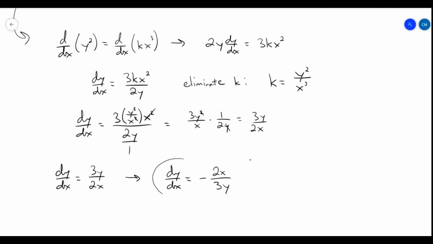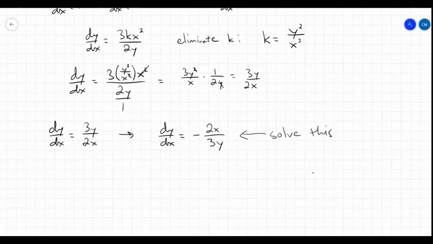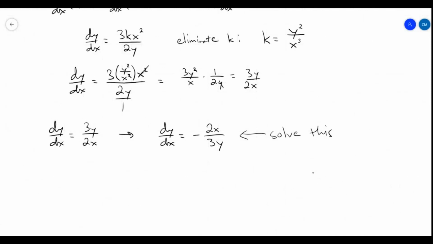Now, what do we have here? We have a new differential equation, right? This is definitely not the same as this one, right? And so now I have a new differential equation, which, guess what? It's separable, right? And so now we can solve this new differential equation by the method of separation of variables. Okay, makes sense, kind of the procedure here.